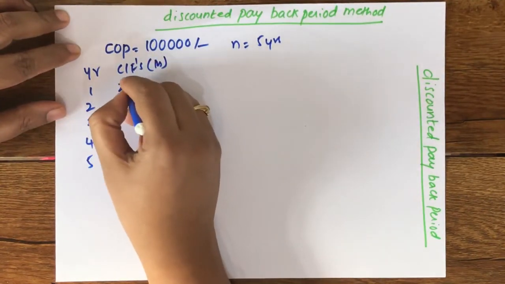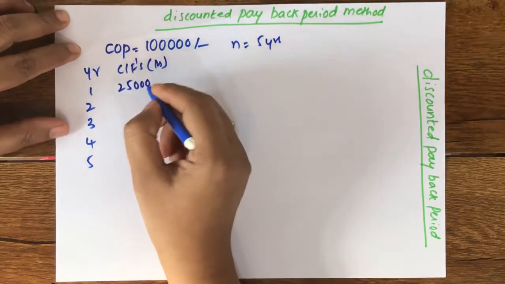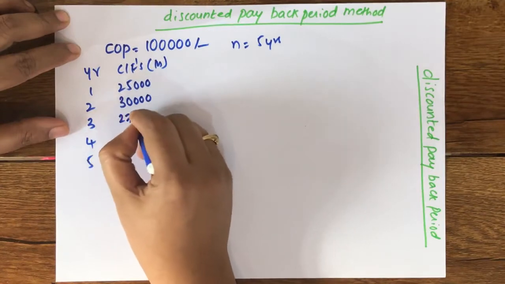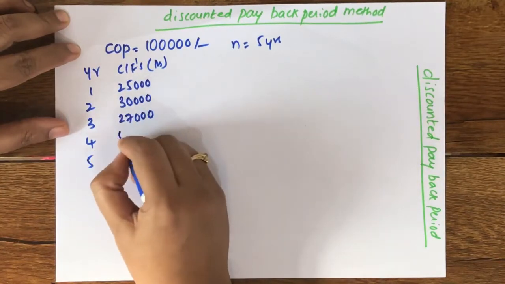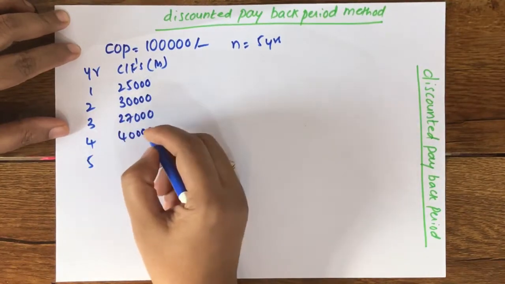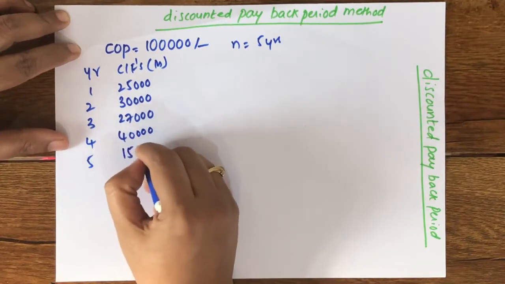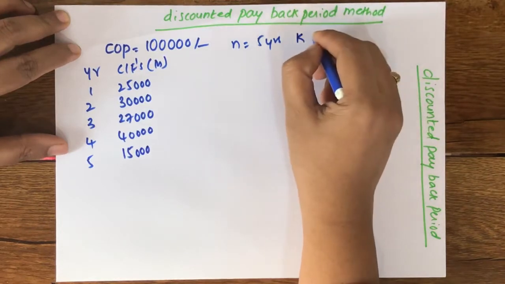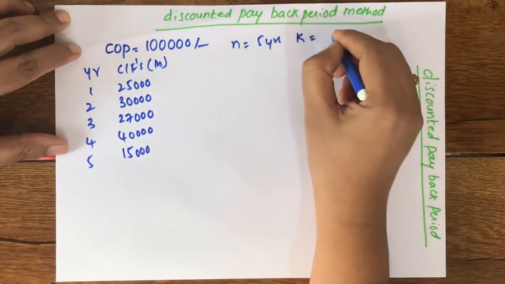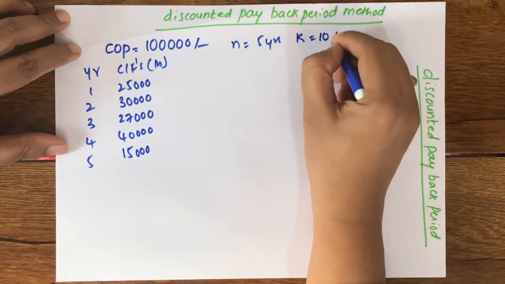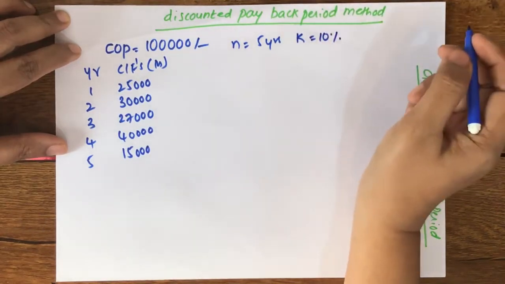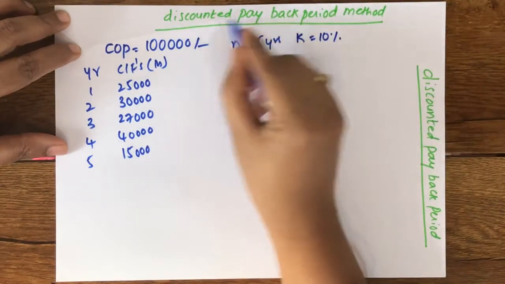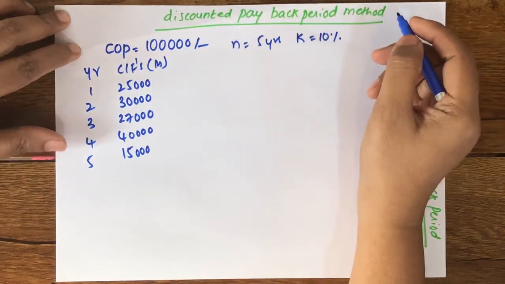For example, let us take 25,000 rupees, 30,000 rupees, 27,000 rupees, 40,000 rupees and 15,000 rupees respectively. And the cost of capital or our discount rate is, say, assume 10%. Given this data, we have to find out the discounted payback period.